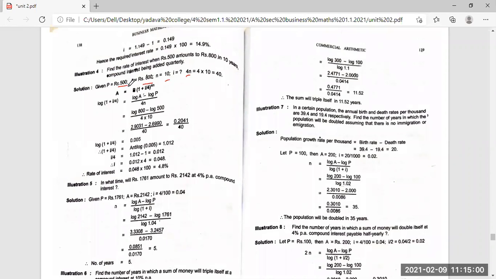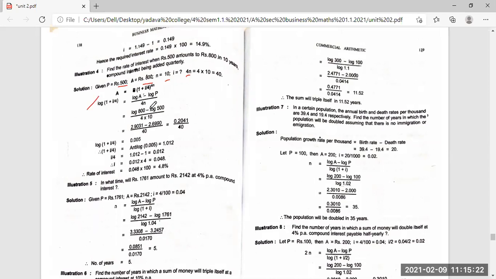So I just finished with this problem. A is equal to P into 1 plus I divided by 4, the whole power of 4N. So log of 1 plus I divided by 4 is equal to log A minus log P, divided by 4N. So in this format to convert, we are doing all this.